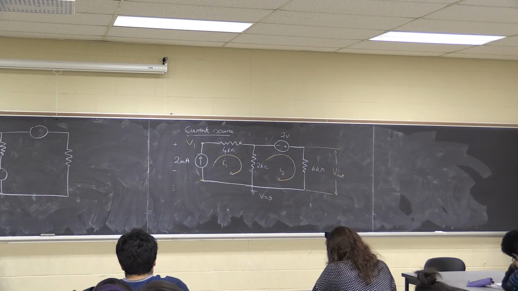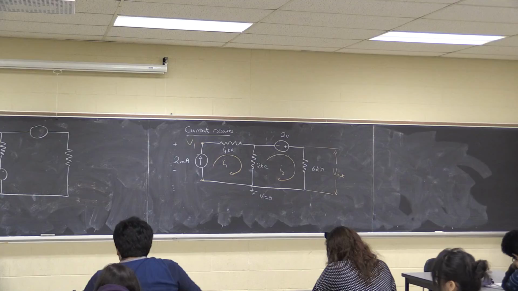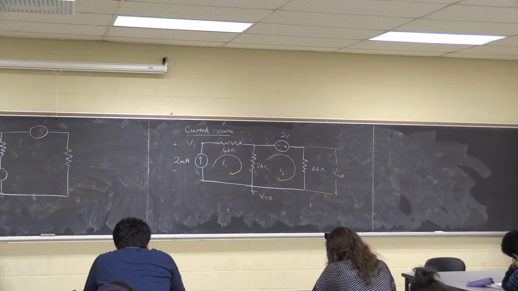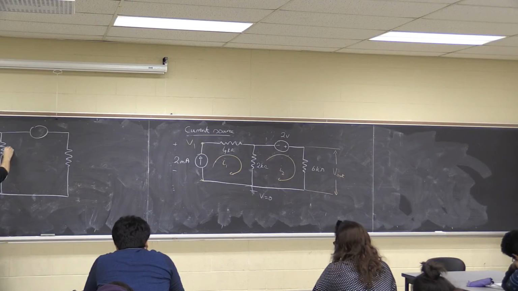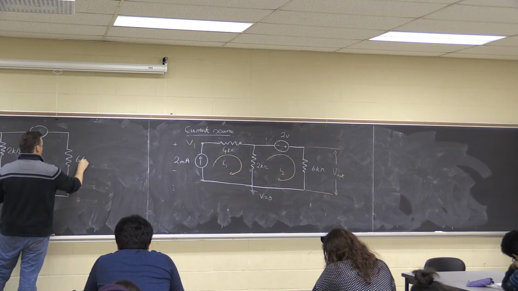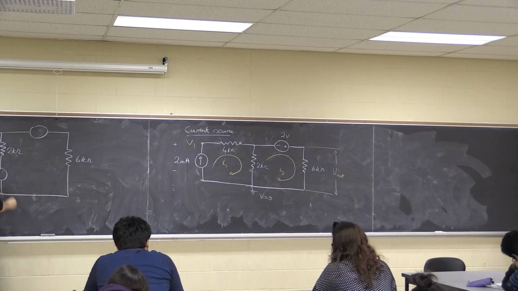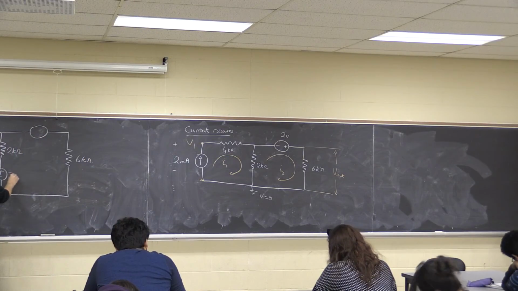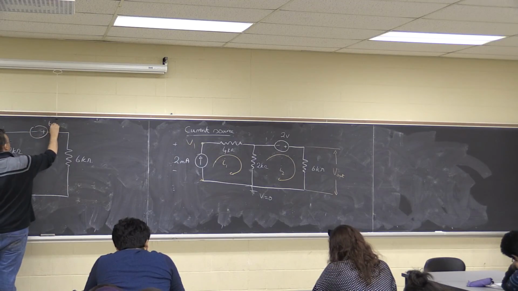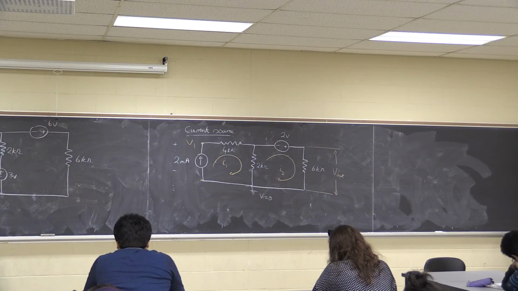And we're given a bunch of values. We're told this is 2 kilo ohms, 4 kilo ohms, 2 kilo ohms, 6 kilo ohms. This is plus minus 3 volts in that sense, and this is minus plus 6 volts in that sense.